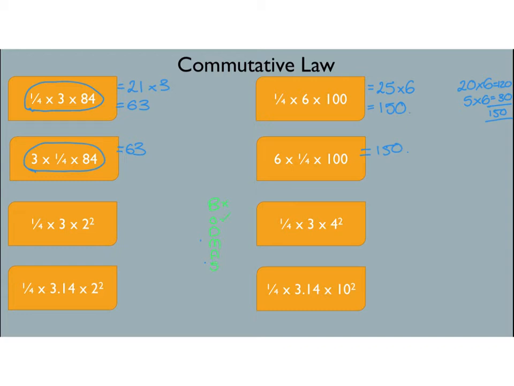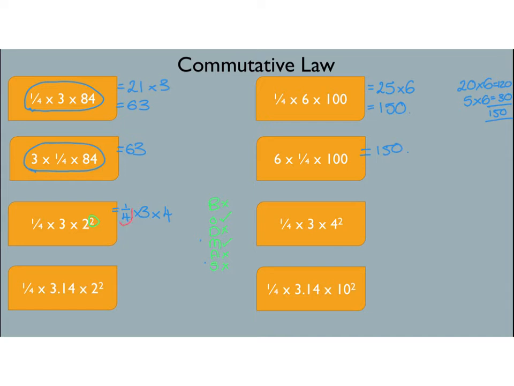We do have orders, that squared is an order. We don't really have a divide, we kind of do though. We do have multiply and we don't have any add or subtract. So BODMAS is telling me that the first thing I have to work out for this one is the 2 squared. So I'm going to do a quarter times the 3 and then times the 2 squared, which makes 4.